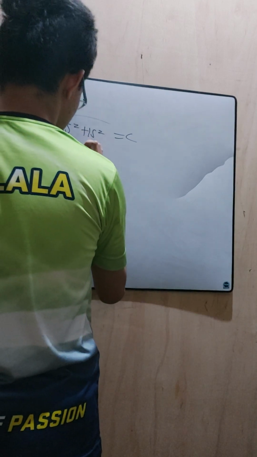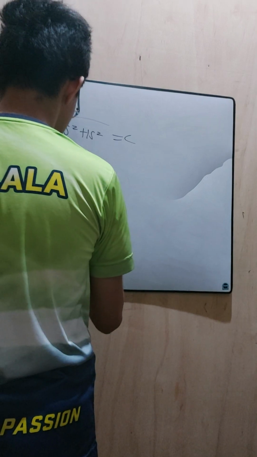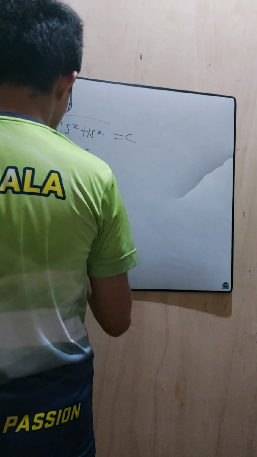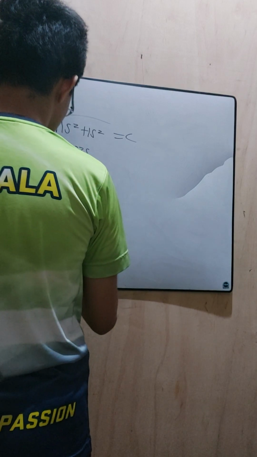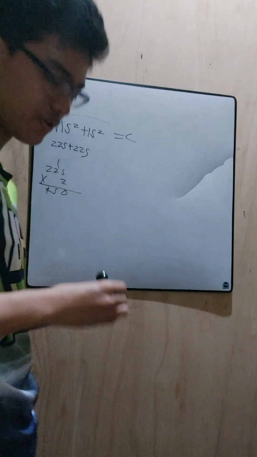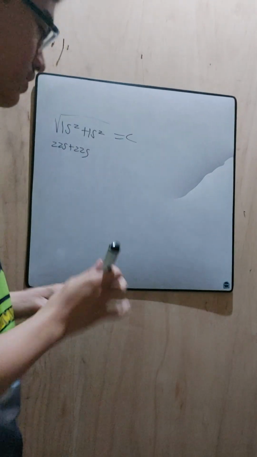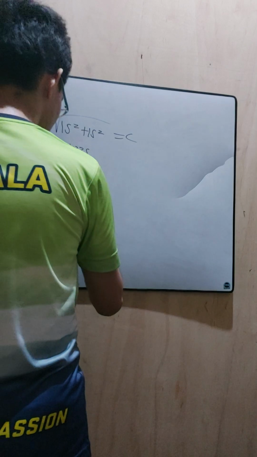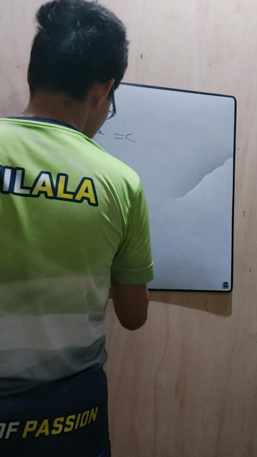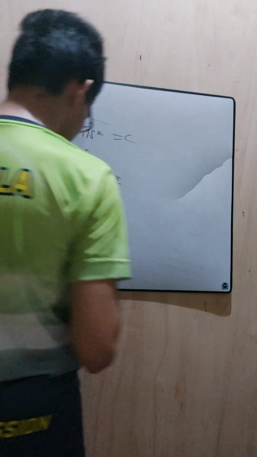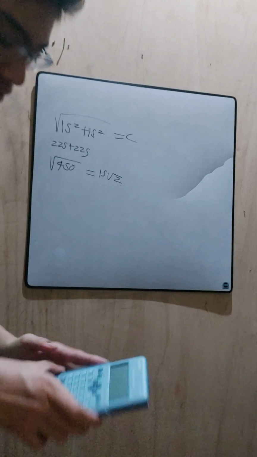So 225 plus 225, that's 225 times 2, which is 450. So the square root of 450 is also equal to 15 square root of 2. That's technically 15 square root of 2.